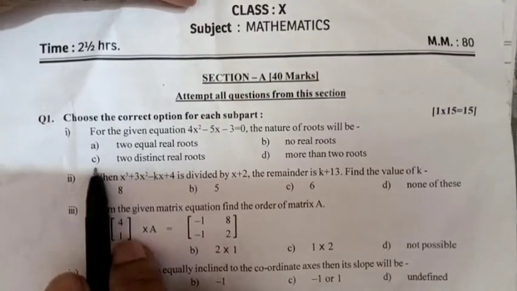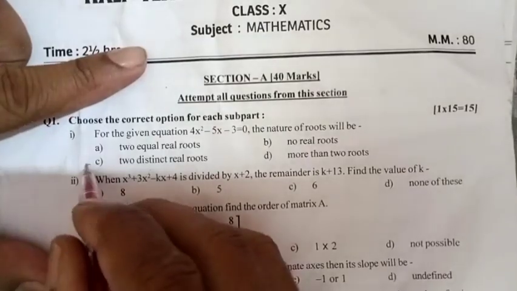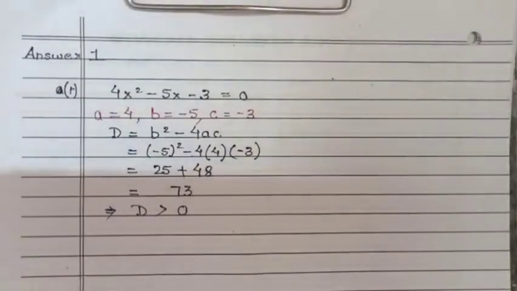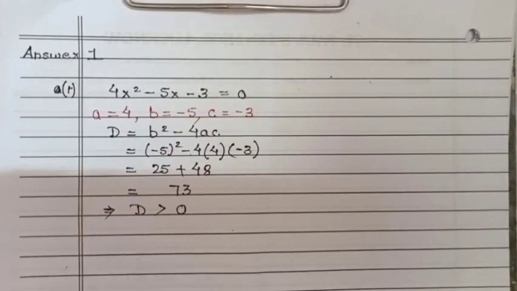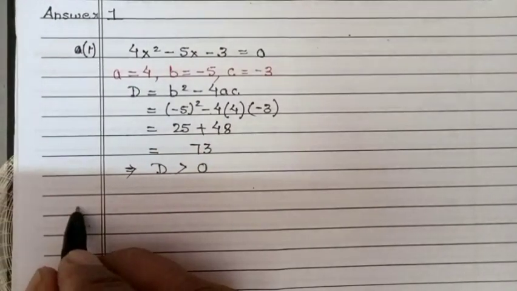So our option for this will be C part, that is two distinct real roots. So remember, whenever D is greater than 0, roots will be real and unequal. So our option for this will be C part. Okay, now moving on to the second part.